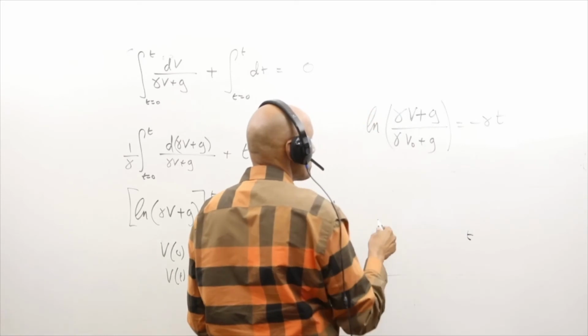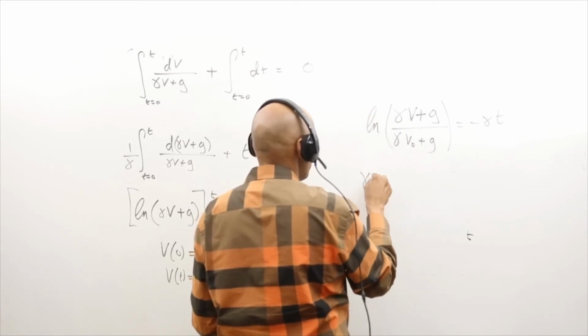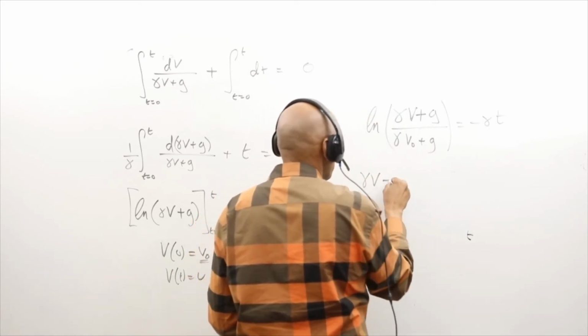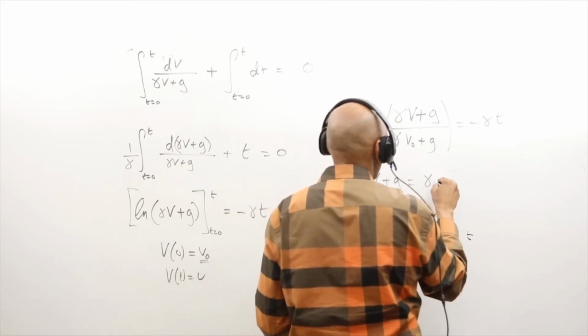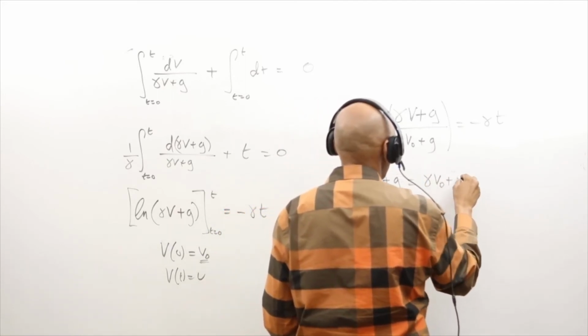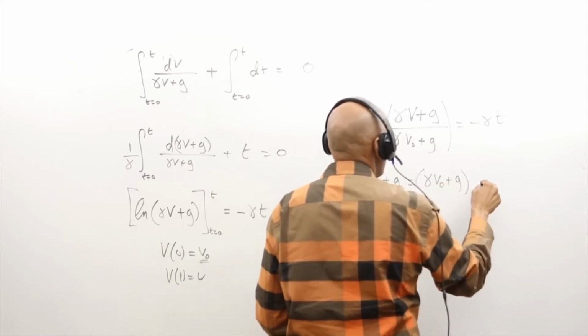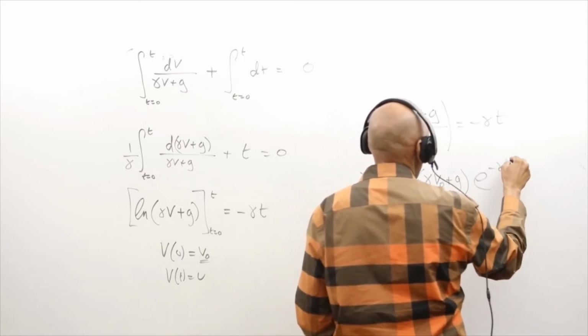Taking the exponentials on both sides, we're left with gamma v plus g is equal to gamma v0 plus g times e to the minus gamma t.